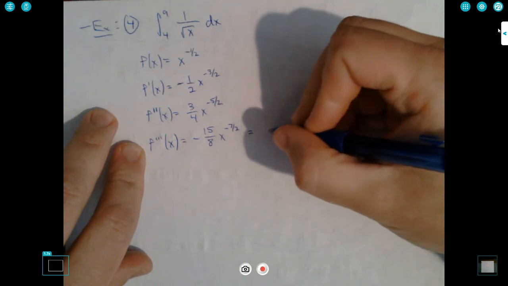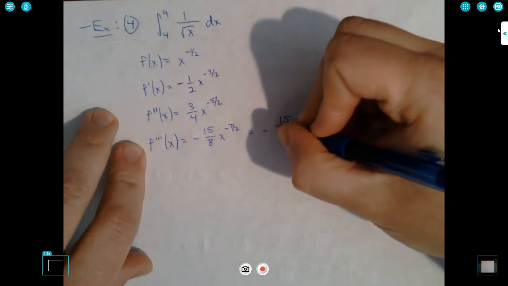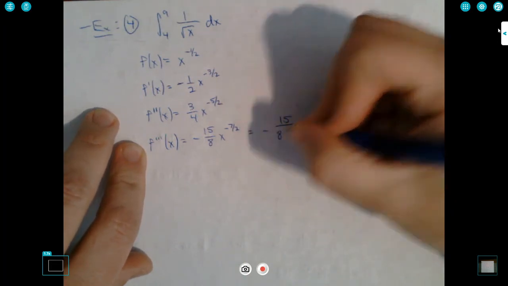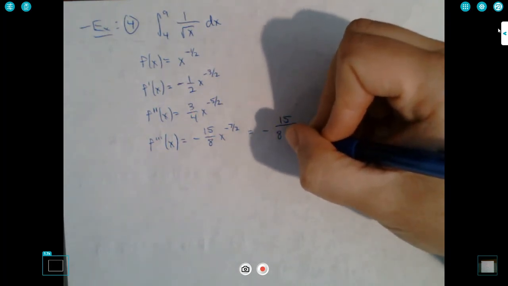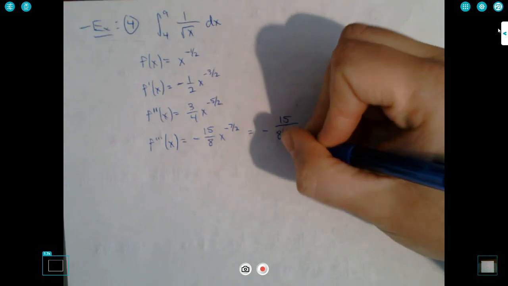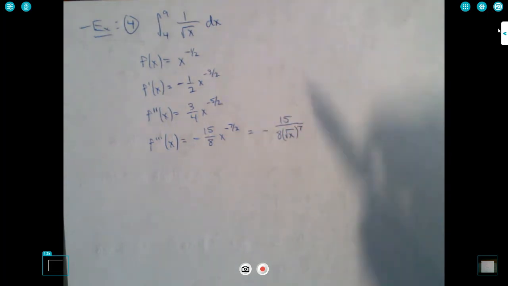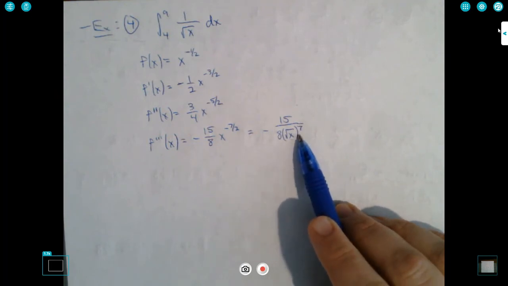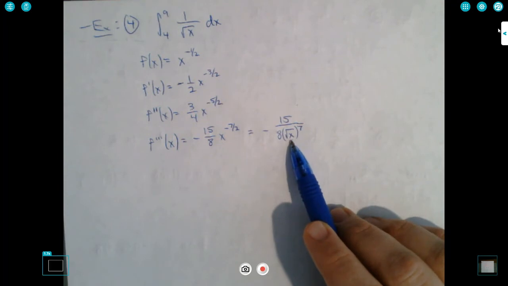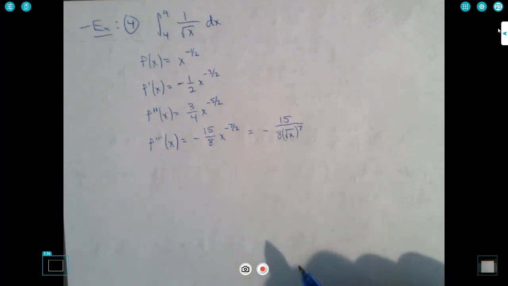Because this is negative 15 over 8 times the square root of x to the 7th power. So you have issues whenever x is 0, because then you have a denominator of 0. And you also have issues whenever x is negative, because then this is not a real number. It's a complex number in that case.